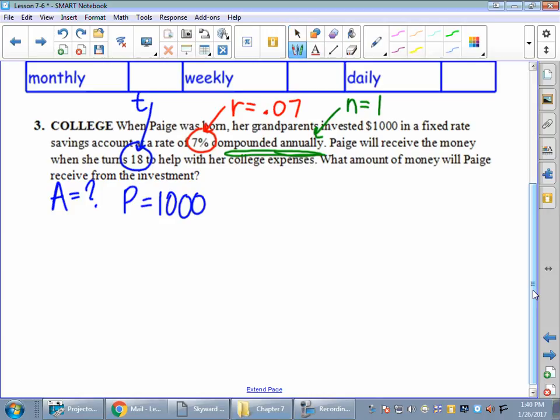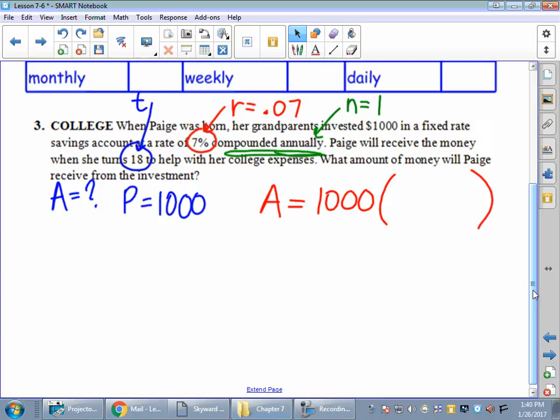So let's use that formula. Let's set this up. So we've got A equals the principal, $1,000, parentheses. And then inside those parentheses, we've got 1 plus. Notice it's growing, so it's adding. And we've got to have our R over N. So what is our rate? 0.07 over the number of times compounded each year, we said was 1.